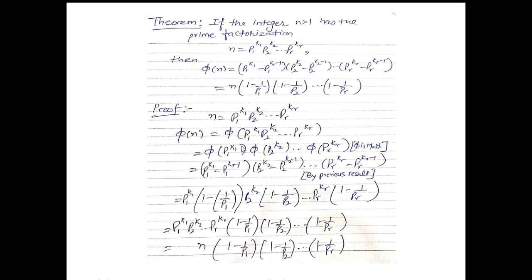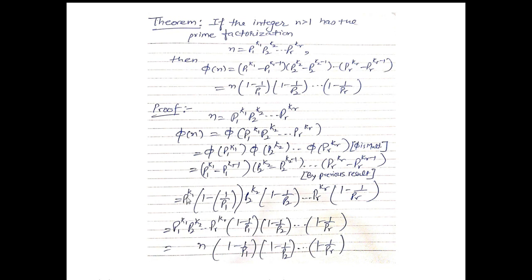Now by the previous result, which we have already proved, this value is p1 to the power k1 minus p1 to the power k1 minus 1, and similarly we write all these values. Now take p1 to the power k1 common from here, p2 to the power k2 common from this bracket, and so on.